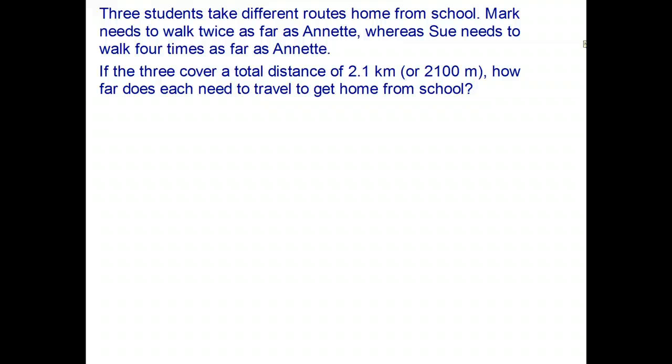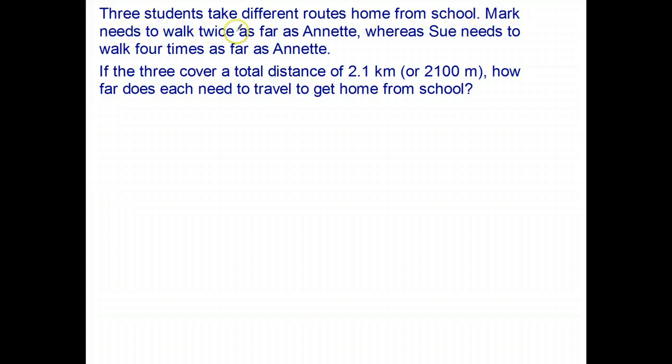I'm assuming you've done that, and now I'm going to go ahead and not solve it, but get the equation. Now, again, reading carefully, we need to find out which of these students has the shortest distance to walk. So 3 students take different routes home from school.